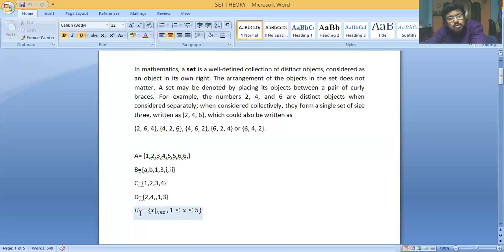So it is the set 1, 2, 3, 4, 5. On the basis of the property, this set has been written. You can write a set on the basis of a property. So this is one type of example.